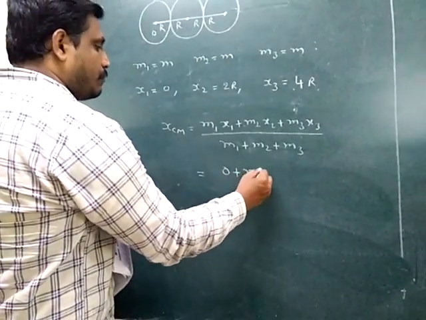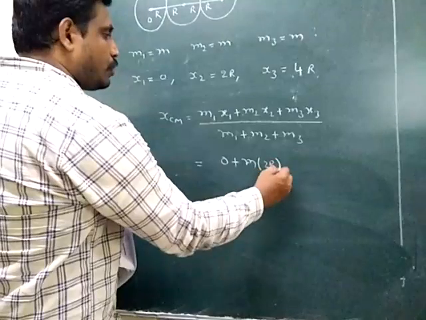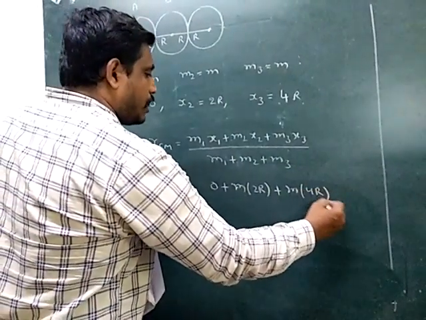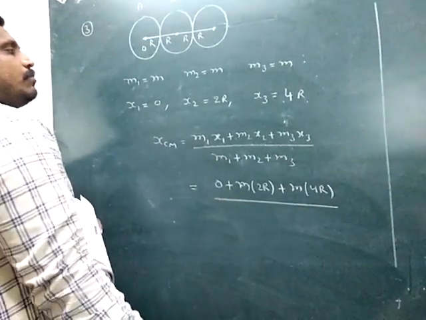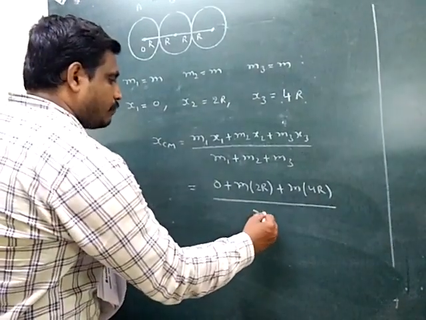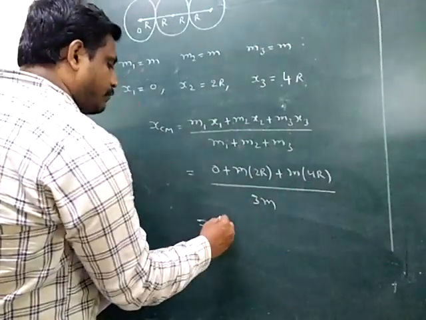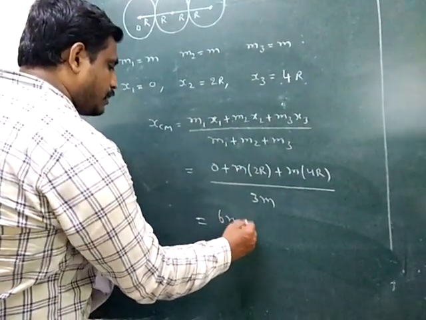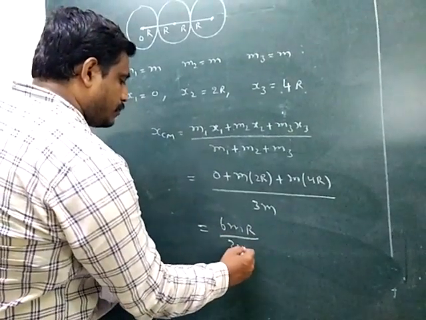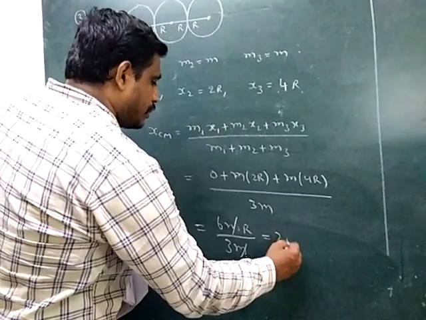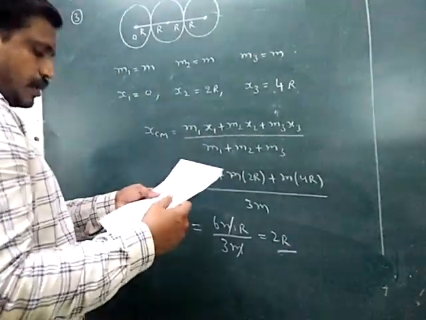M2 value M, x2 value 2R. M3 value M, x3 value 4R. Whole by total mass 3M. 2mR plus 4mR is 6mR by 3m. Here m cancels. 6R by 3, finally we get 2R.